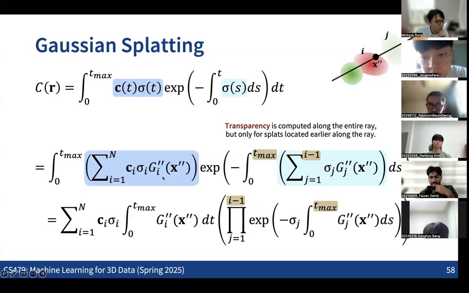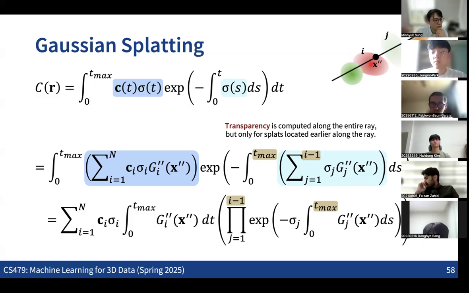for example, if we compute those terms with each of the ith Gaussian splat, we are going to consider only the splats that are in front of that specific Gaussian splat. Those are the only splats that will affect computing the transparency.